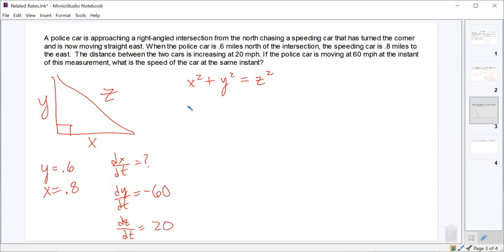So we've got everything listed, I think. All we need to do now is take our derivative. So 2x, and then since it's with respect to time, dx/dt, plus 2y dy/dt equals 2z dz/dt. Everybody good with that?